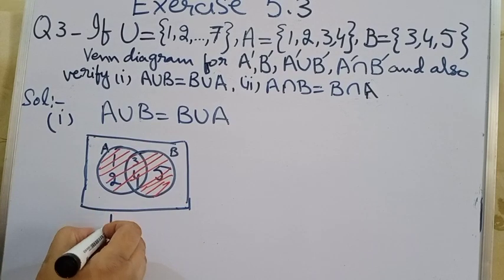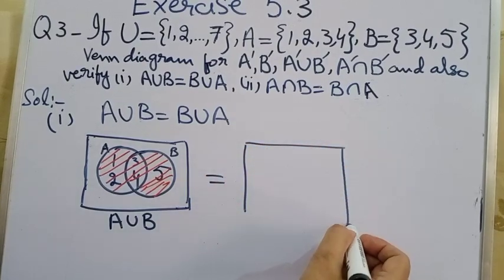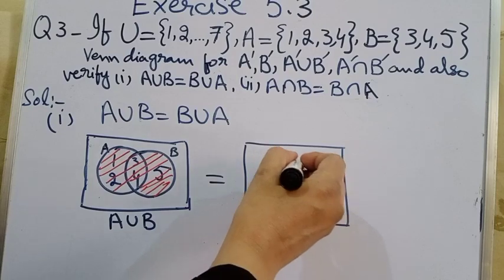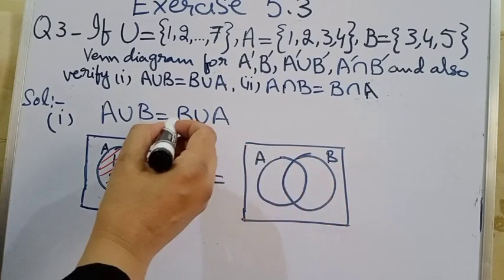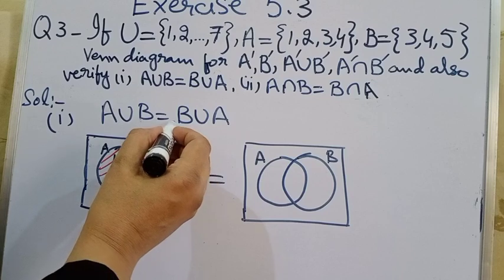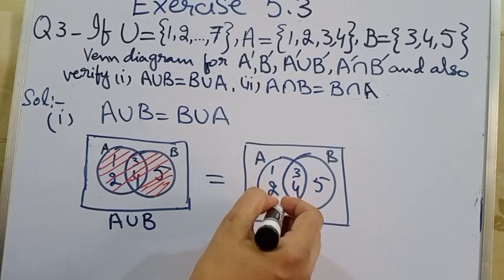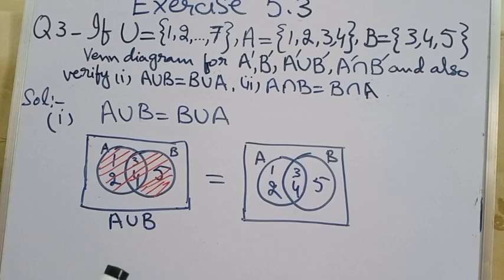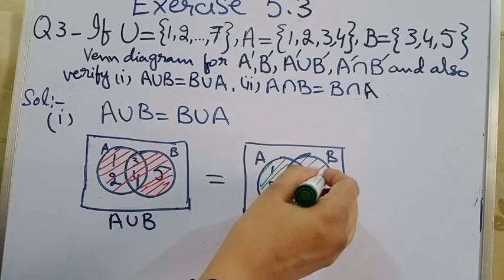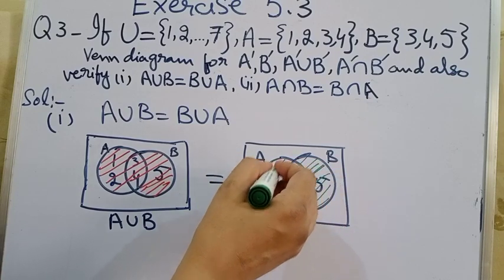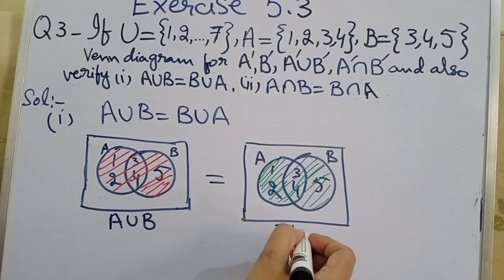And write A union B is equal to B union A. Because set B occurs first, we write the elements of set B first and then the elements of set A, and it makes no change in their union, because the union contains all elements of both sets.